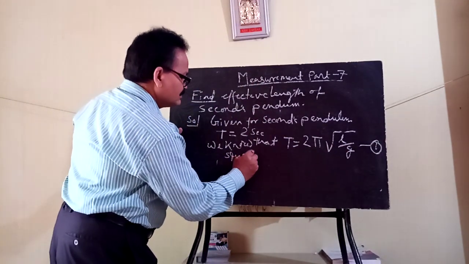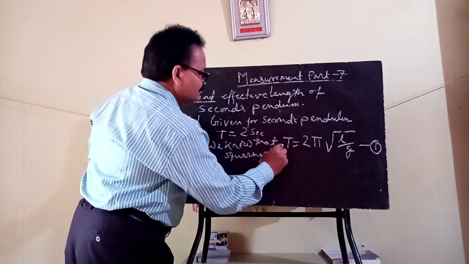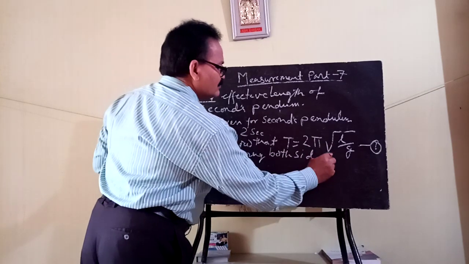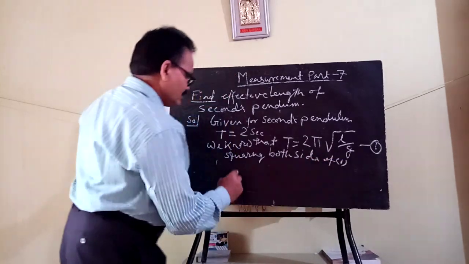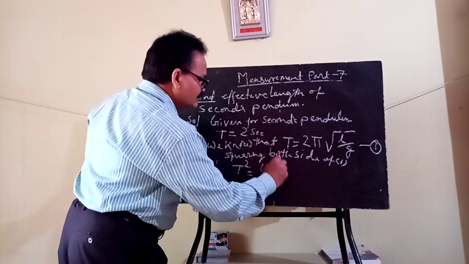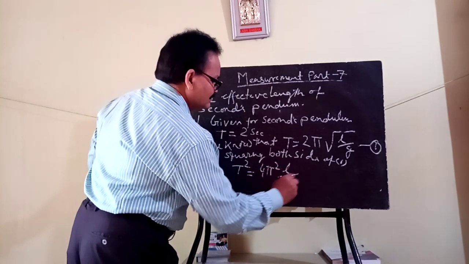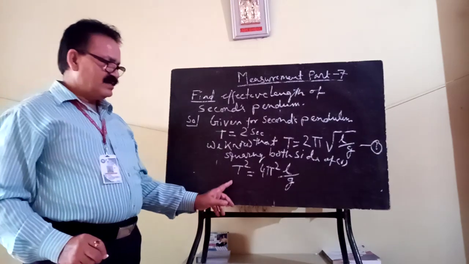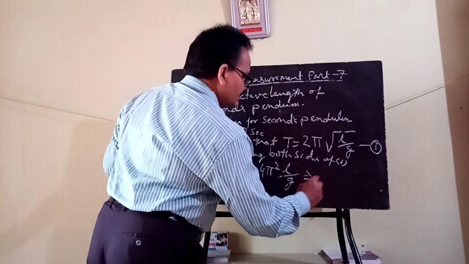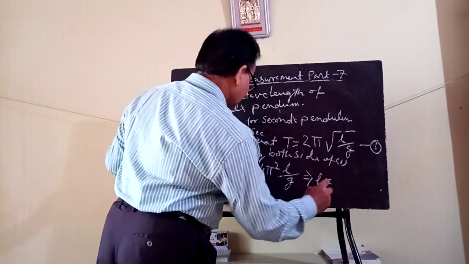Squaring both sides of equation 1, that means T square equals 4 pi square L by g. Okay. After that, you have to find L. L equals, what will happen then?